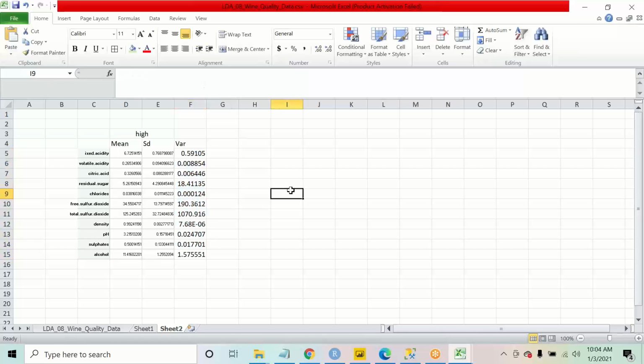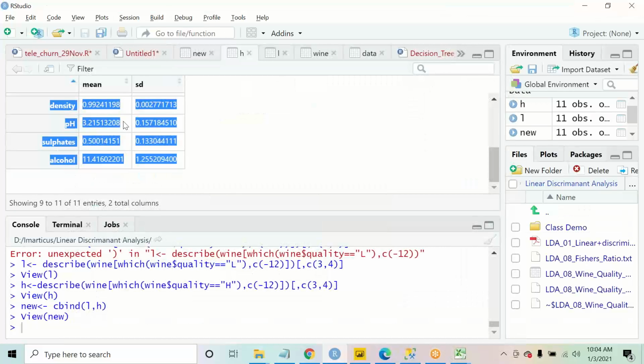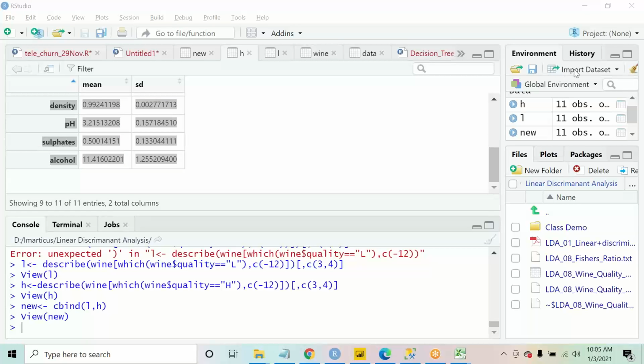It's not getting copied, strange. Are you copying it from the console window or from this data view over here? Can you share your screen? Yes, sir. Just give me a moment.